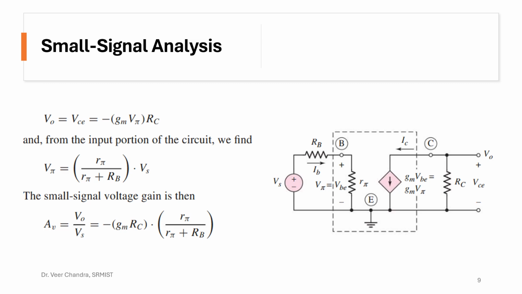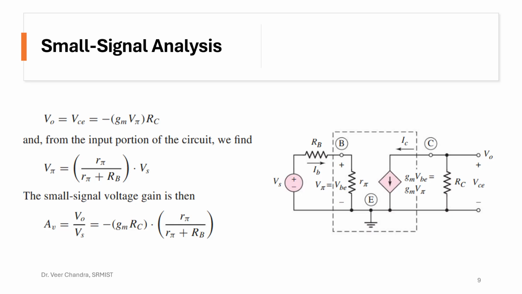On the left side, RB is there, which is connected with the source voltage. So how will you get the gain? First find V out, which is equal to your VCE. Since the current gm V pi passes through the resistance RC, the output voltage will be gm V pi into RC.